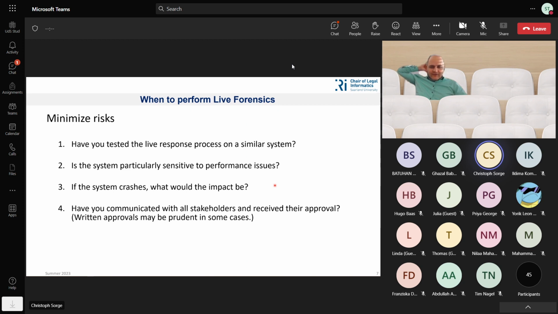You should have communicated with the stakeholders, the people who have a say in the system, so the manager of that online shop system, for example, should have given approval, ideally written approval, or at least some documented approval. That might also be an email, which might be prudent in such a case. And I guess you know what the acronym CYA means.